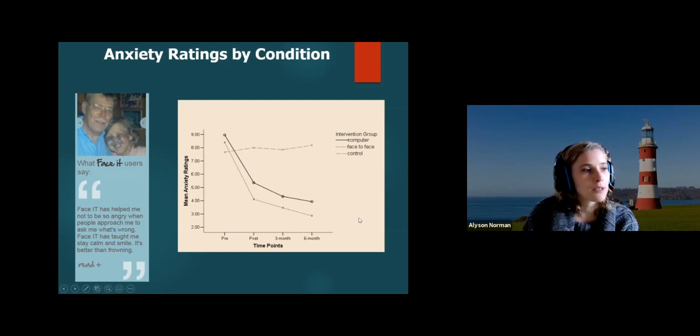But what we see in this one is the same as in face-to-face: there continues to be a reduction in the anxiety scores, which suggests that in both the face-to-face delivery and the FaceIT group, individuals were continuing to use these social skills in their day-to-day lives after intervention.